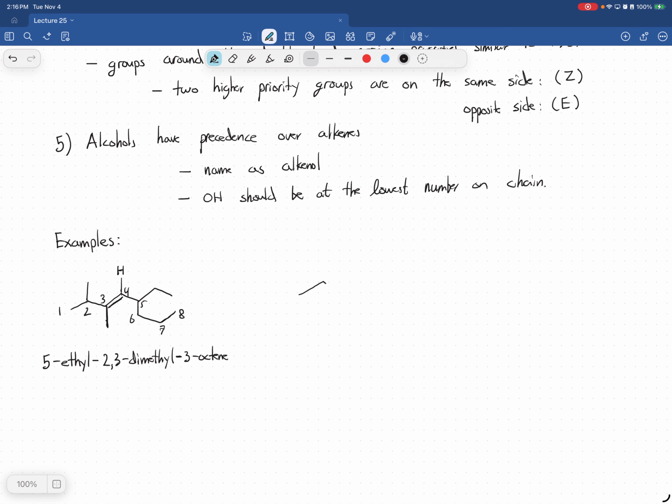Let's do a cyclic alkene. All right. How would you start this one out? So what's the parent name here?